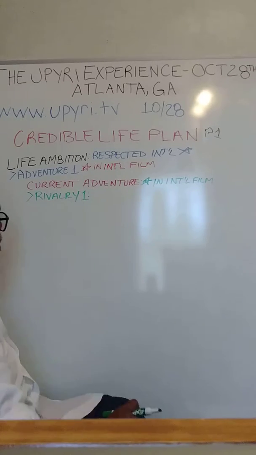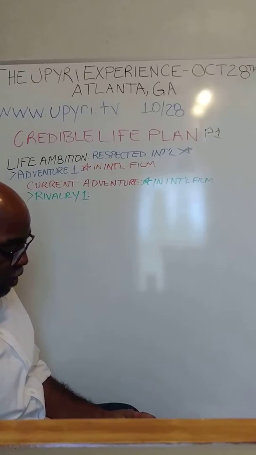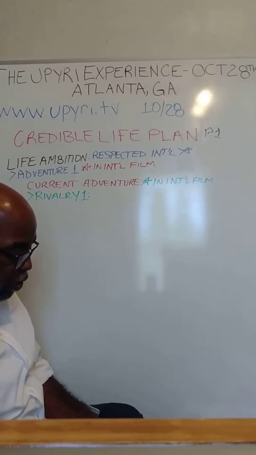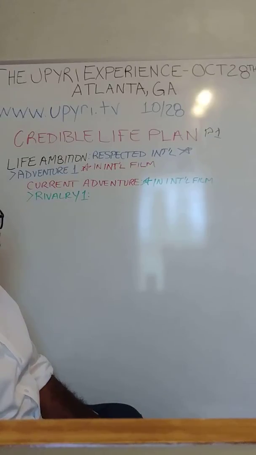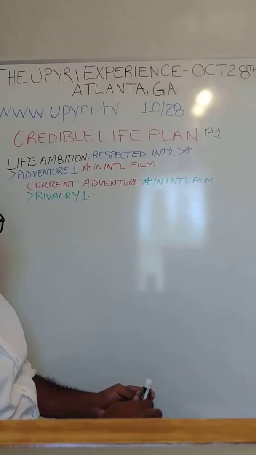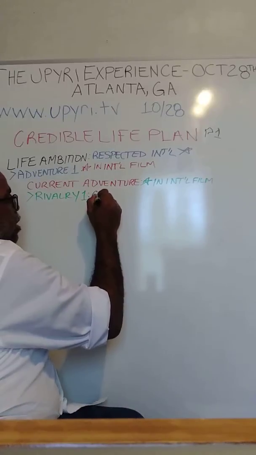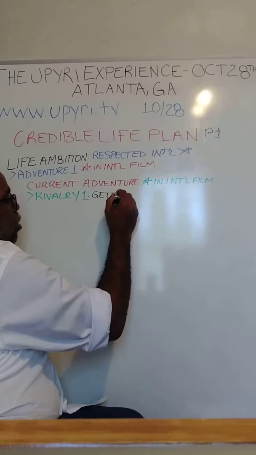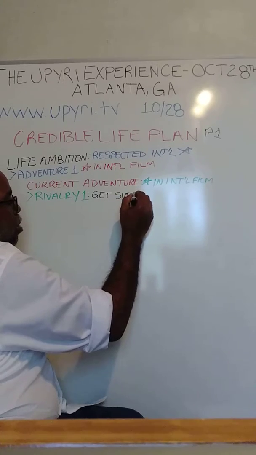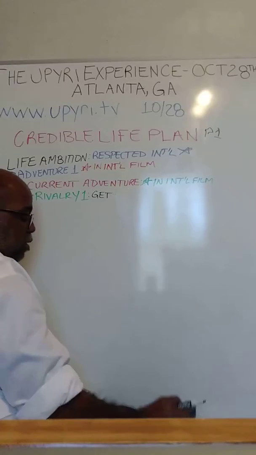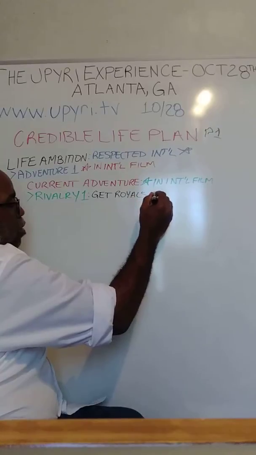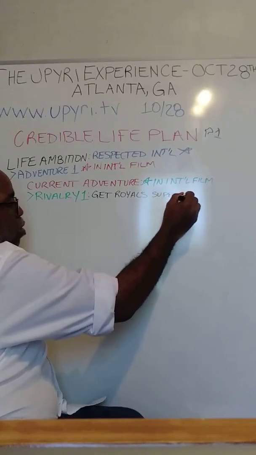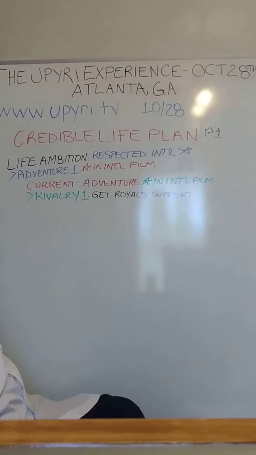So for this one, in this rivalry, the goal is to get the support of the royal family. So get royals support.